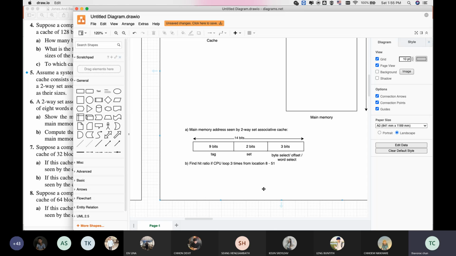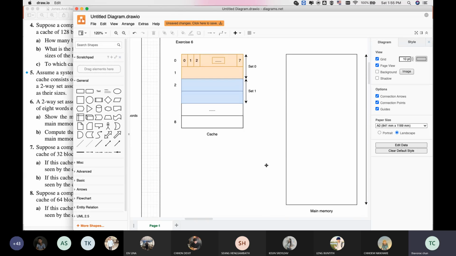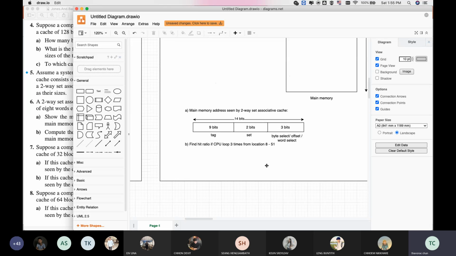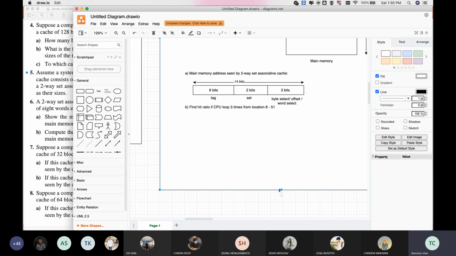So how do we find the ratio here? Any idea? Okay, so to have a better understanding, I think we should draw in more detail.